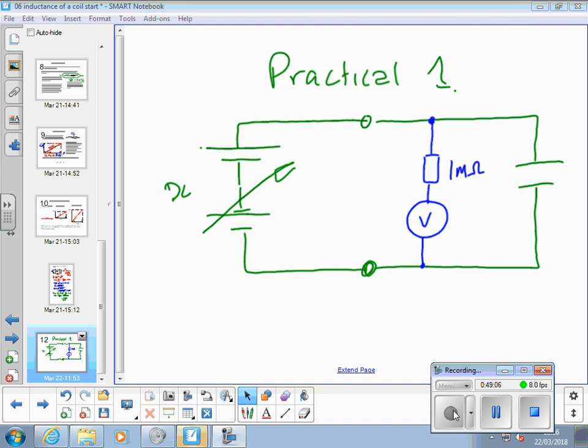What you're going to do then is switch on and charge this capacitor up to a voltage.